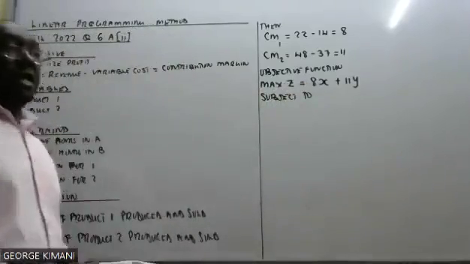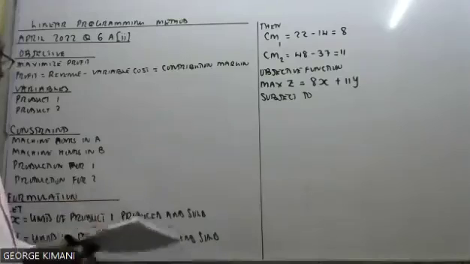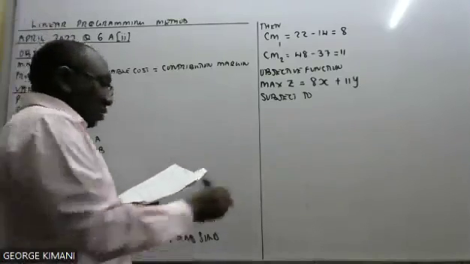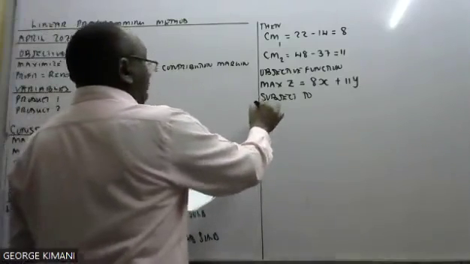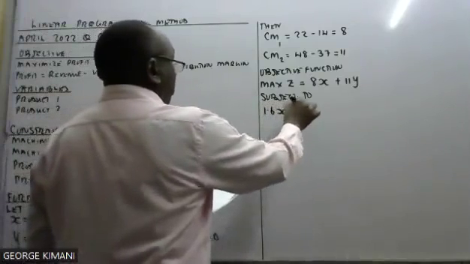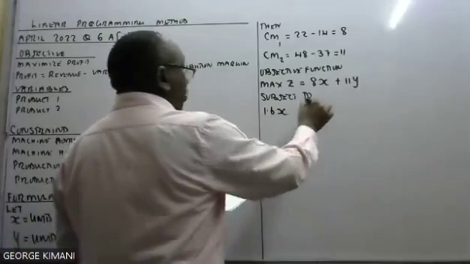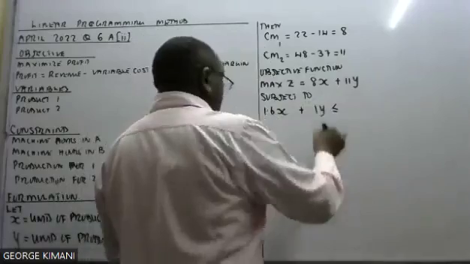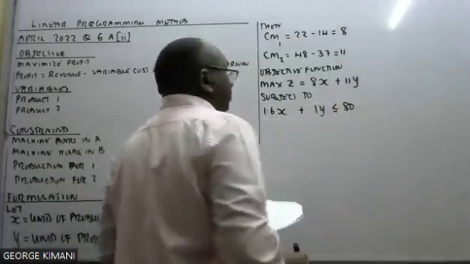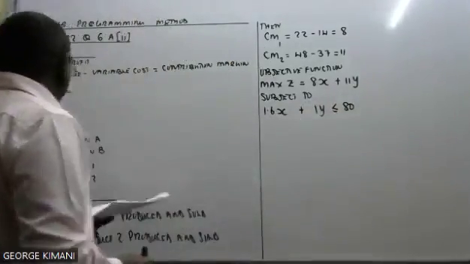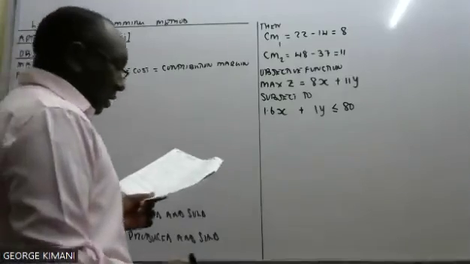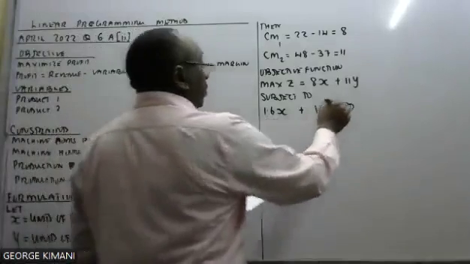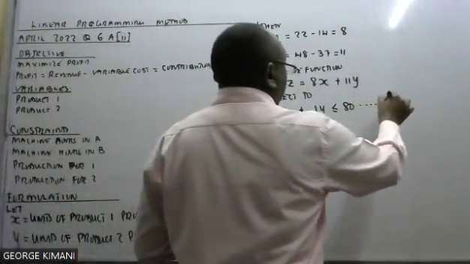We bring now the constraints that we have here. Looking at machine A, 1 unit of product 1 requires 1.6, so it is 1.6x plus 1y is less than or equal to 80.